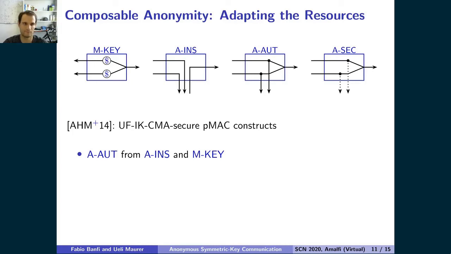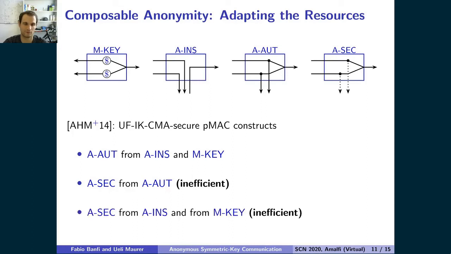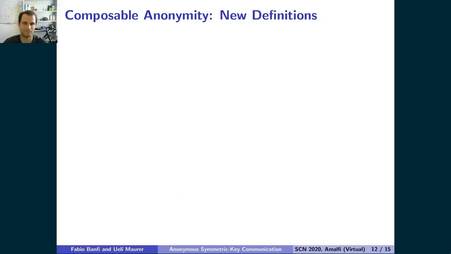In that same paper, it was also shown that one can use, again, anonymous MACs to construct the anonymous secure channel from the anonymous authentic channel, but this construction was very inefficient. They also showed how to realize the anonymous secure channel from the anonymous insecure one, again with probabilistic MACs, and again this construction was also rather inefficient.